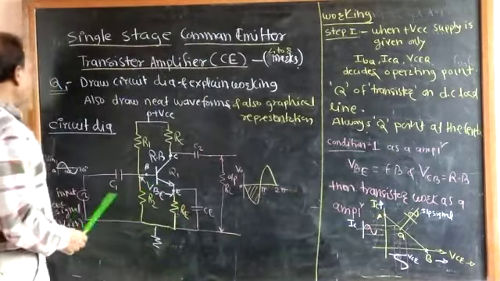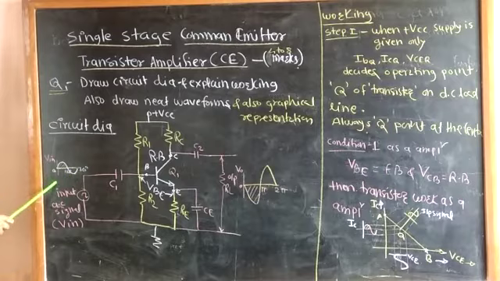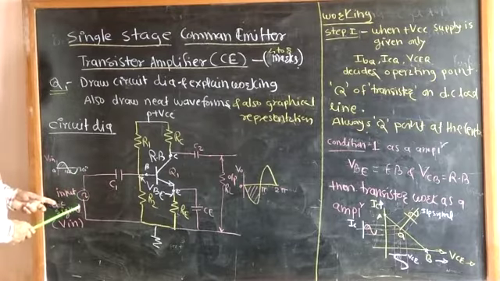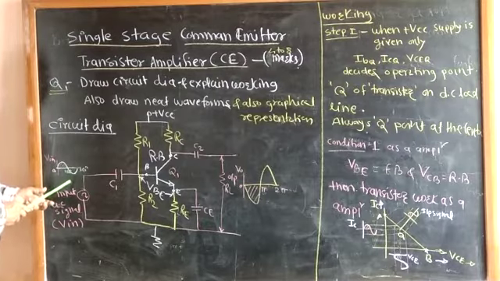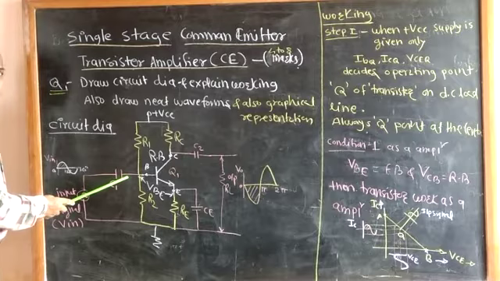Okay. Now we have to apply the input sine wave signal. Suppose this input contains some DC component as well as a sine wave component. Then we are using a coupling capacitor C1.